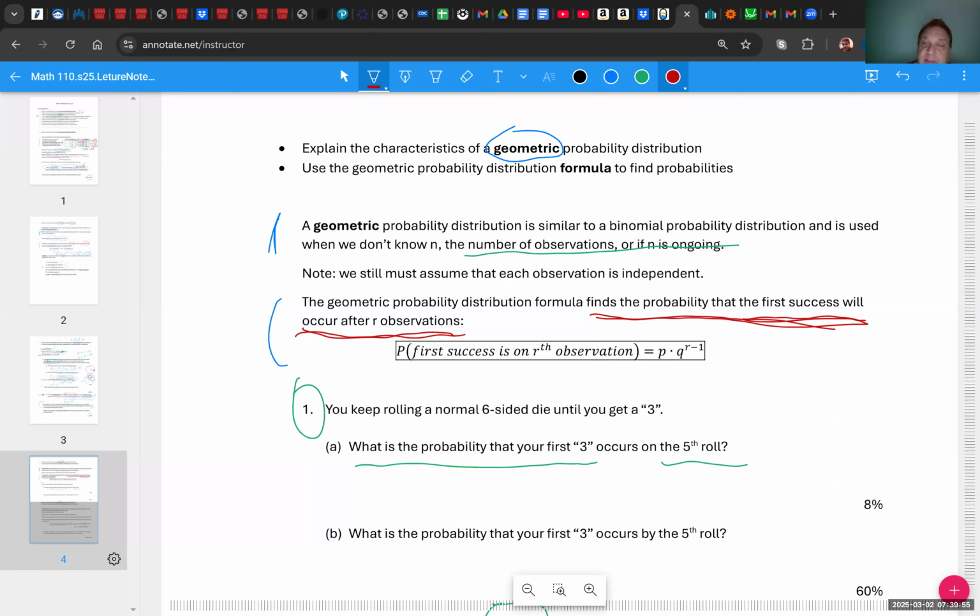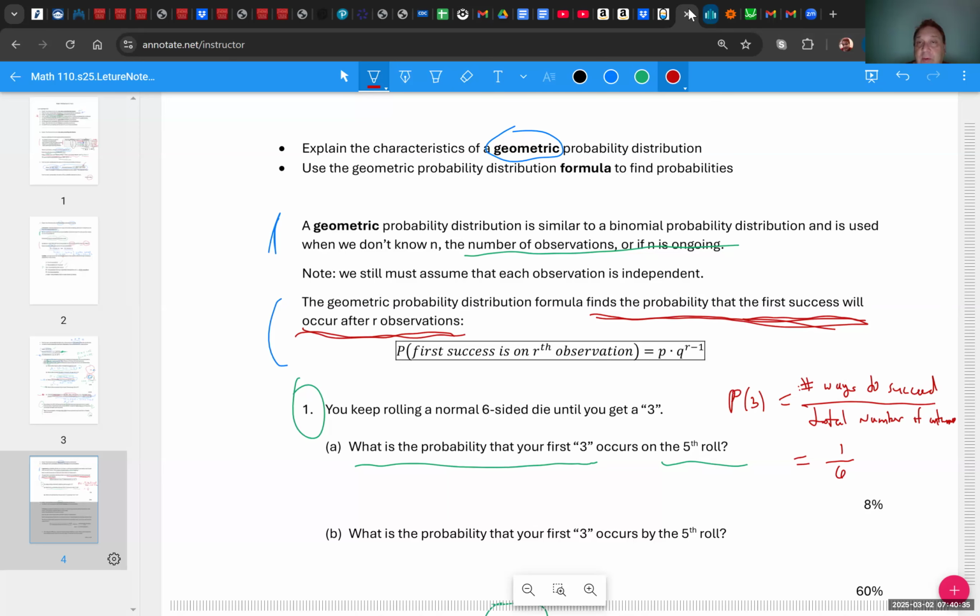So the probability of getting a 3 is the number of ways to get a success divided by the total number of ways, right? Just like you did in probabilities in chapter 4. So in our case, there's only one 3 out of 6. There's only one 3, and there are 6 sides of the die. So our probability is 1 out of 6.